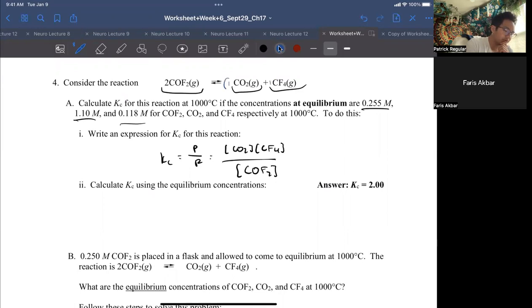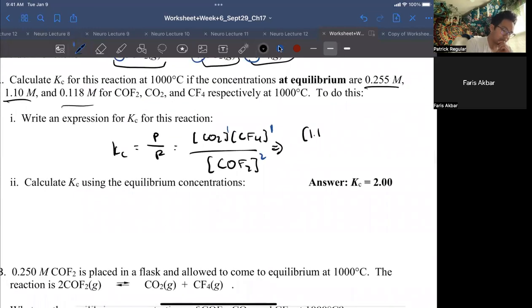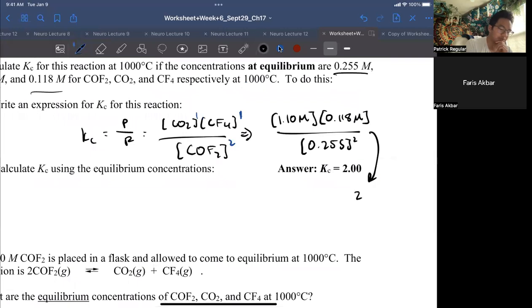It's going to be 1, 1, 1. Both of them are to the first power. COF2 to the second power. And if they're already at equilibrium, they did the work for us. So our concentrations for CO2 are going to be 1.10 molarity, 0.118 molarity, and then 0.255 squared. That should just give you a really clean ratio of just 2.